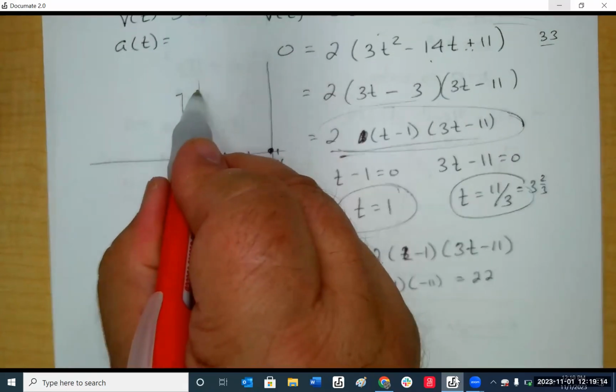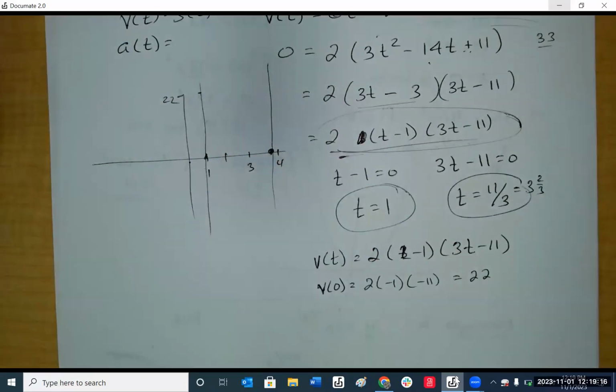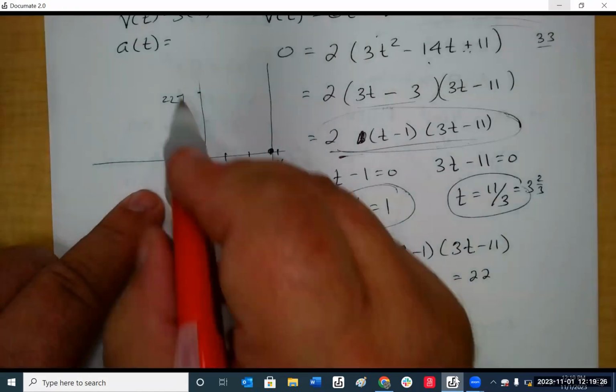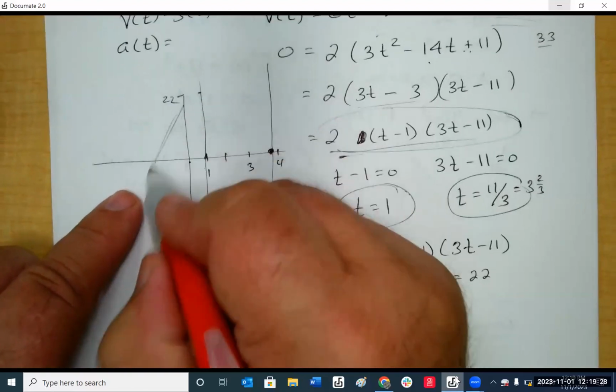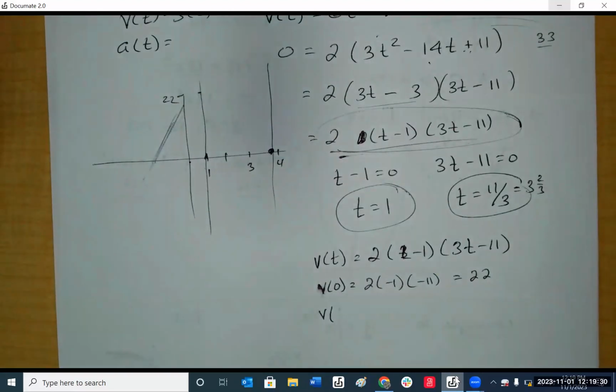So the velocity is 22, which means it's increasing.